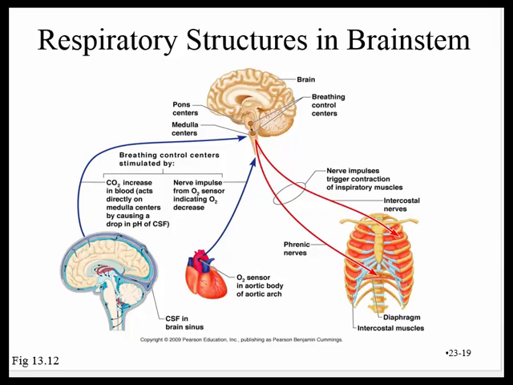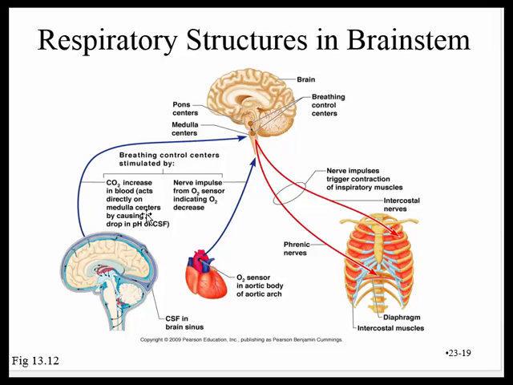So what will actually trigger this to happen? Well, if we look here at the brain, remember our cerebrospinal fluid, if there's an increase in carbon dioxide in our blood, that is going to actually drive down the pH.